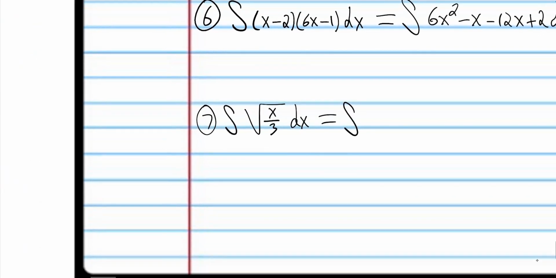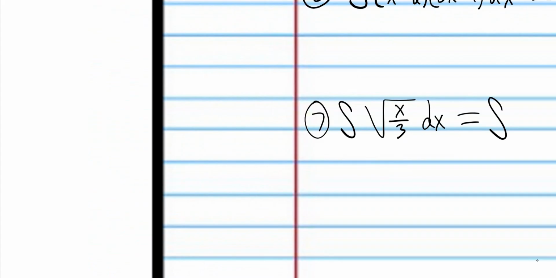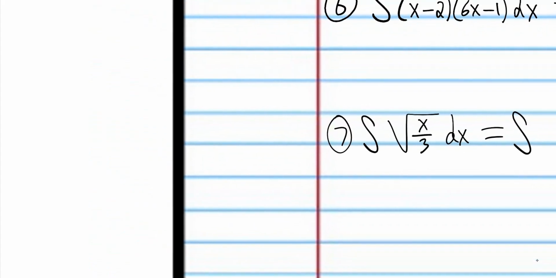But recall that we have two formulas that help us with roots. One formula says that the nth root of a times b is equal to the nth root of a times the nth root of b.